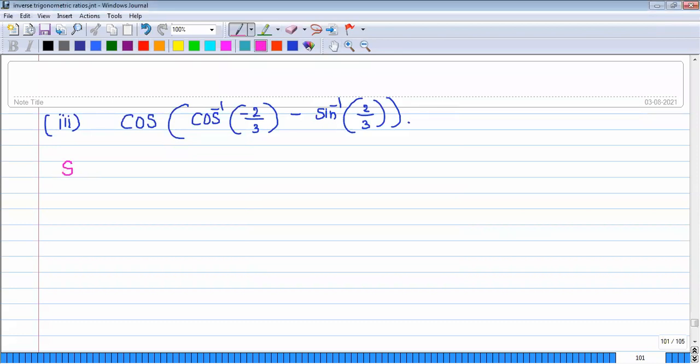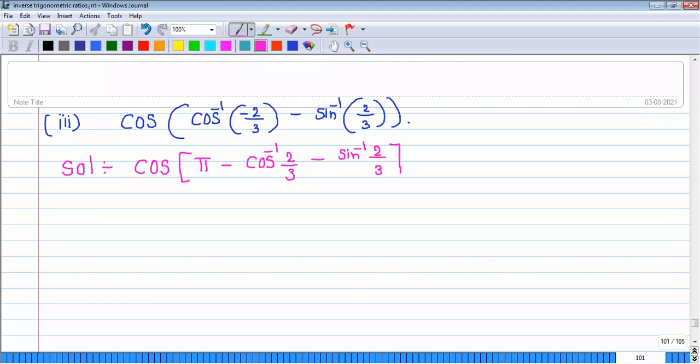See, first let us write this cos of. The cos inverse of minus x is pi minus cos inverse x. Pi minus cos inverse 2 by 3 you can write it, minus sine inverse 2 by 3.